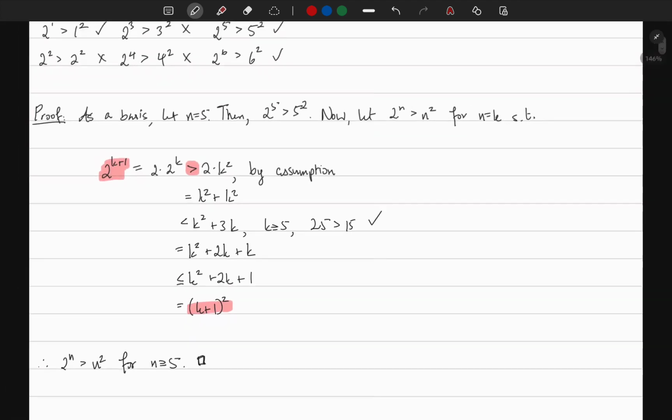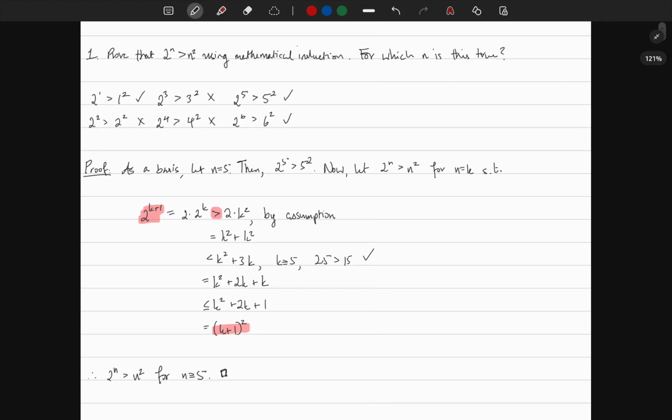And by that, we show that the two steps are satisfied, and then we can write our statement here. We can say that therefore, Pn, in this case 2 to the n is bigger than n squared for n bigger than or equal to 5. And we are done with this proof.